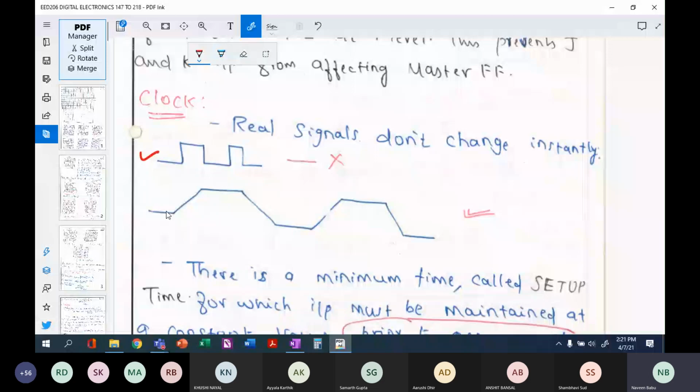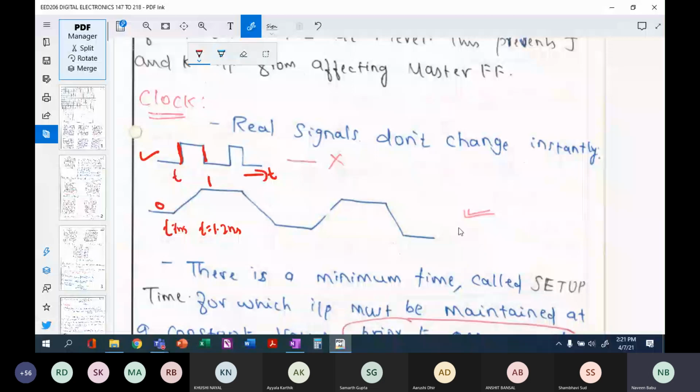This transition here is not going to be instant. Similarly, this transition is not going to be instant at one single time. This transition will take place, say for example, from t equal to 1 nanosecond to t equal to 1.2 nanoseconds, right? So this transition will take some delay. This is how your clock will practically look.